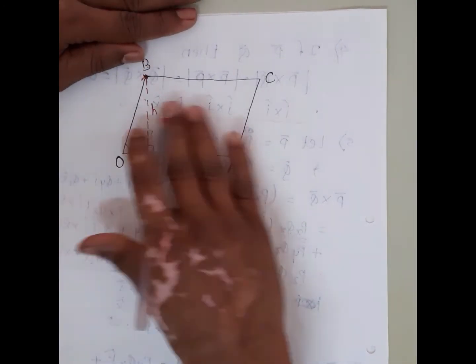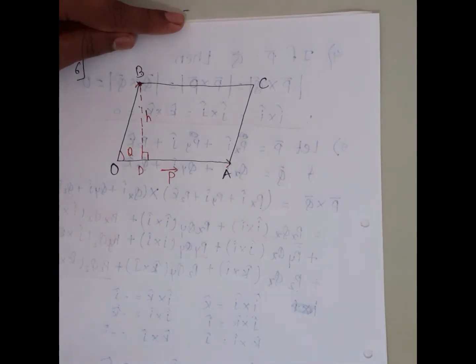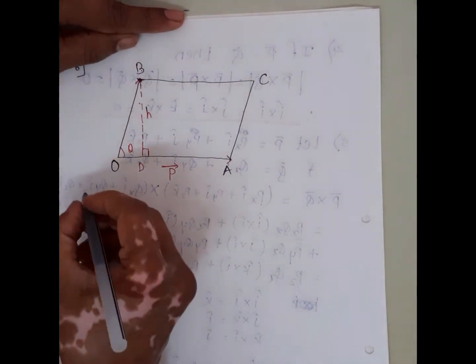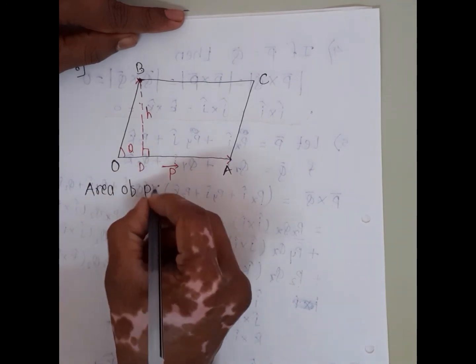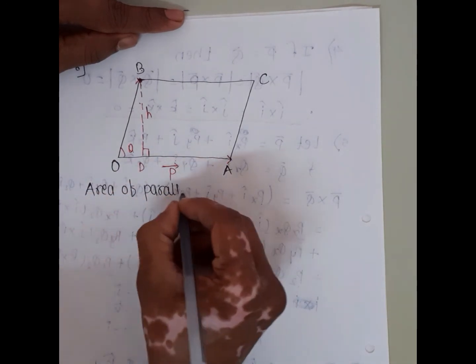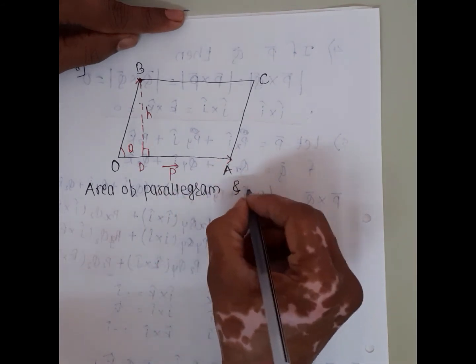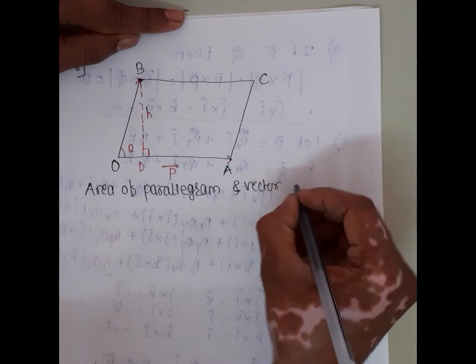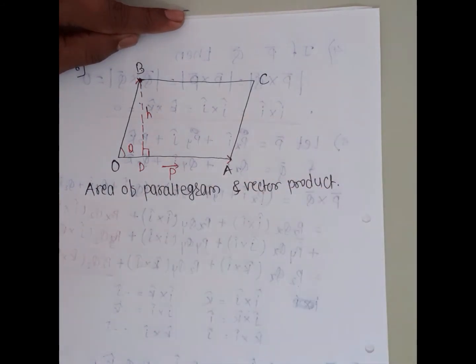The name of that diagram is area of parallelogram and vector product. Using this diagram we find how to find the area of a parallelogram.